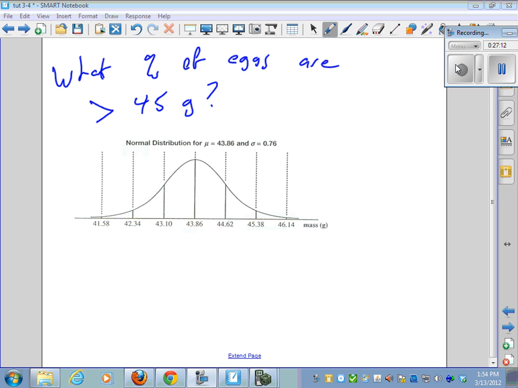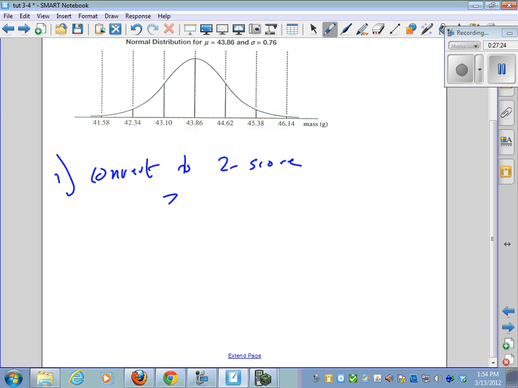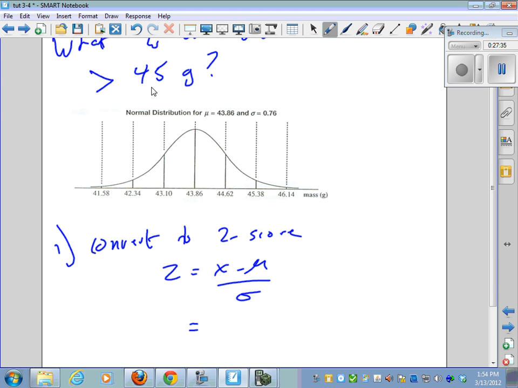Okay, what's step 1? Convert to z-score. Step number 1, convert to z-score. What's the formula? Z equals x minus mu all over sigma. What's the x value? The raw score. In this case, it's 45.